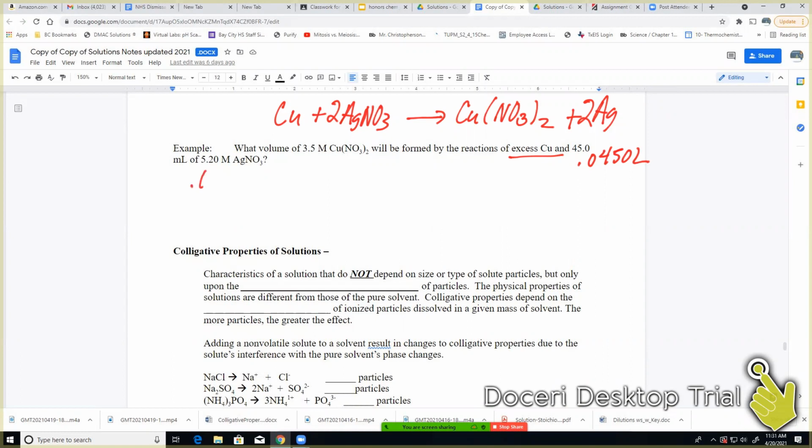I can take how many liters I have and multiply it by the molarity. And that gives me that I have 0.234 moles of silver nitrate.